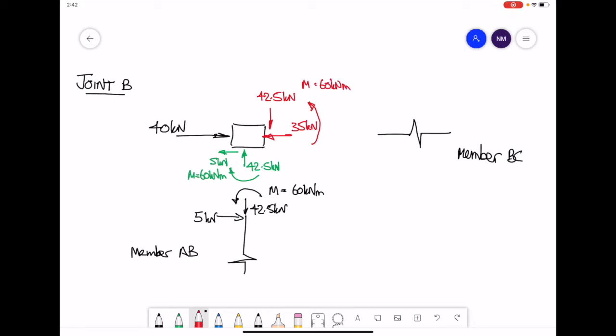These 3 red forces, moments, will then transfer on to the next member, member BC, by equal and opposite. So red 35 going to the left means you have 35 going to the right when you go into the next member. 42.5 going down means you'll have 42.5 going up.